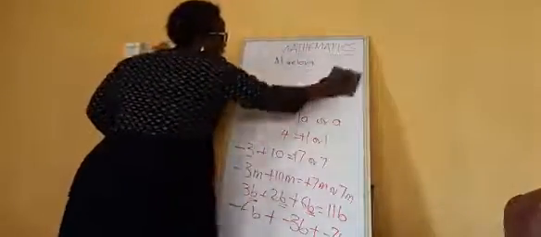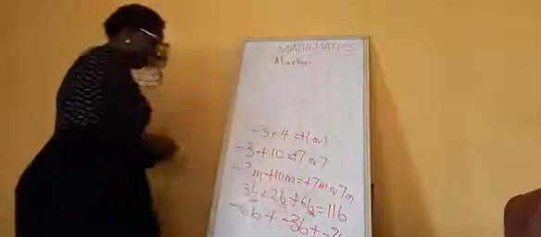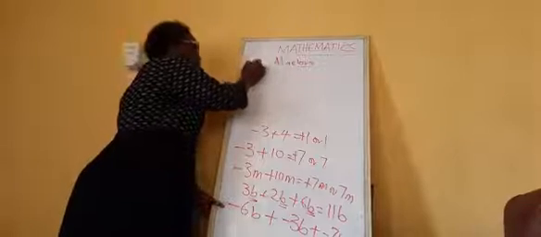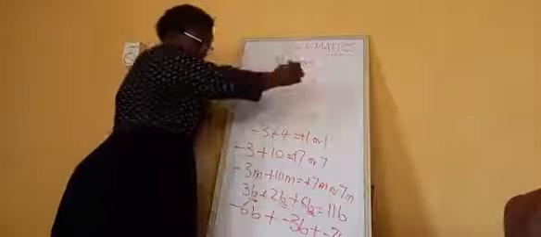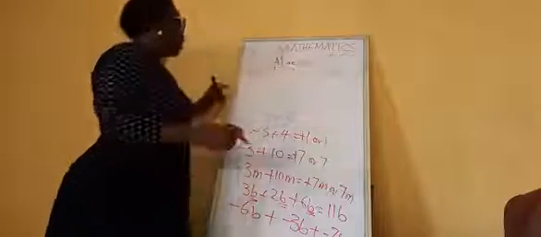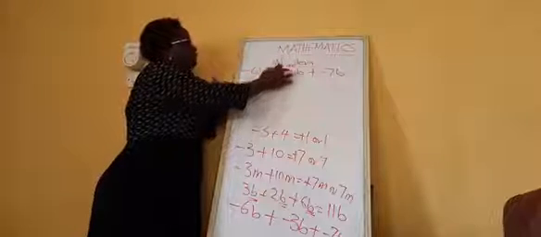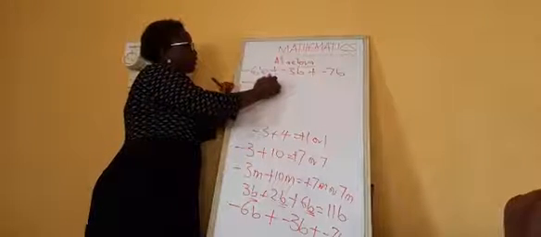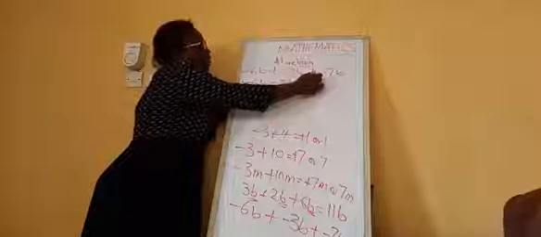Let me write it here so that you can see it very well. So this minus 6b plus minus 3b plus minus 7b is the same thing as minus 6b. This minus will have power over this, so it's minus 3b, then minus 7b.